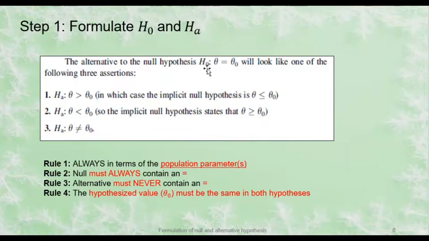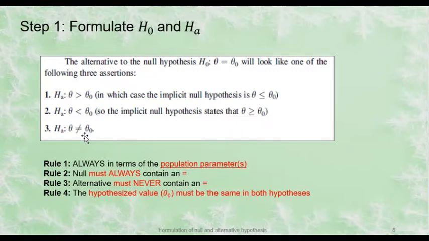Here H0 is theta equal to theta 0. If the alternative has the shape in number 1, theta greater than theta 0, it is called a right-tailed test. Theta less than theta 0 is called a left-tailed test, and theta not equal to theta 0 is called a two-tailed test.